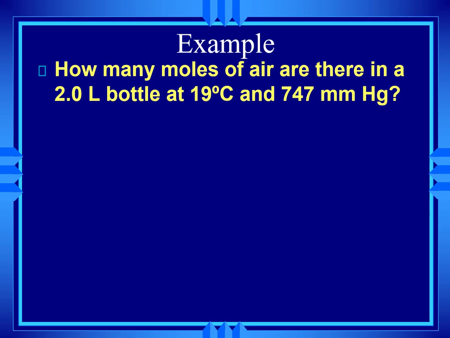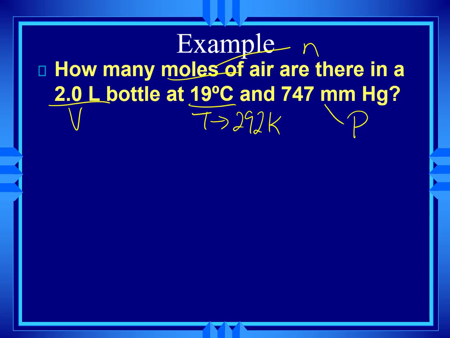I'm going slightly out of order, but that's okay. So I have 2 liters, that's a volume. 19 degrees Celsius, that's a temperature, and I'm going to make it 292 Kelvin. 747 millimeters of mercury is a pressure, and they want to know moles, that's n.